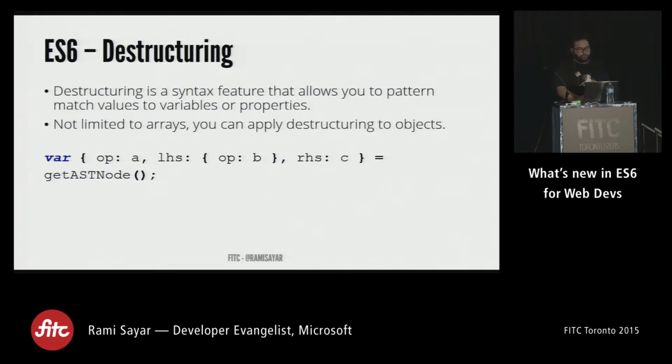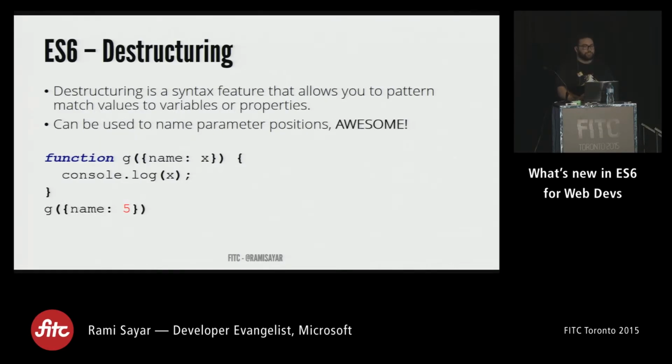Now, if you take it a step further, what that means is that you can actually use it to name parameter positions. And that's really awesome. Because I can take parameters to functions and define how the object is. So I can write function G and say, this function takes a parameter of an object where it has a name and this other parameter called x.